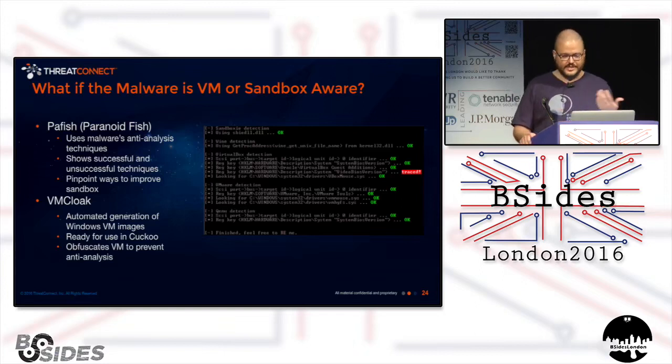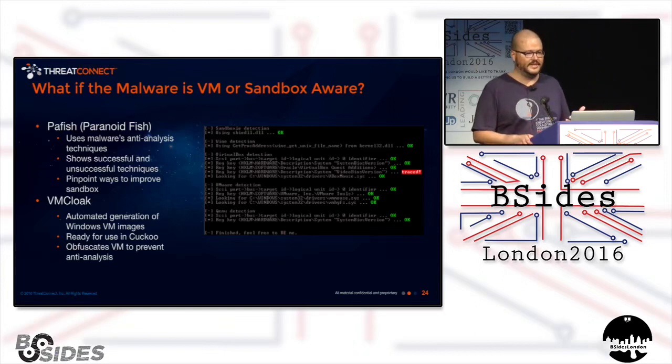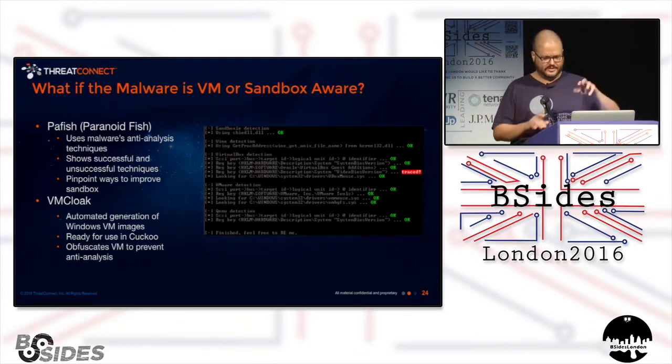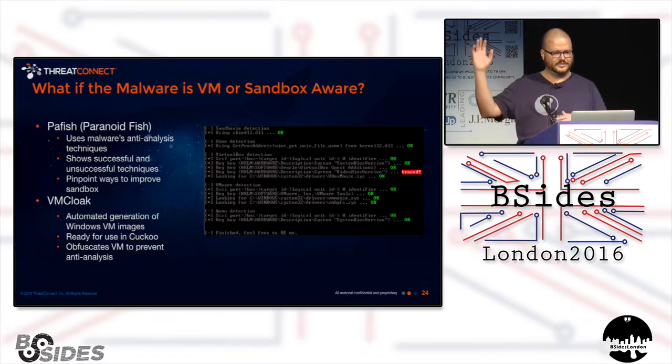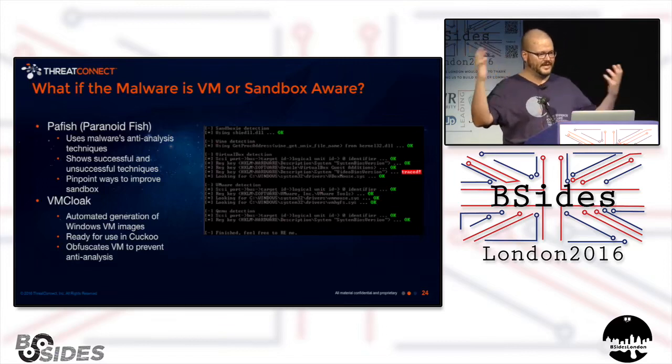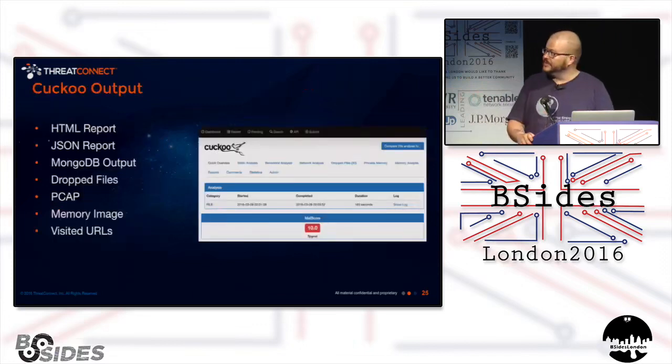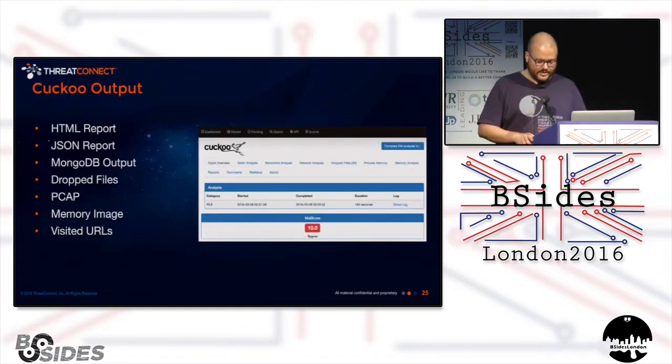So you can not only build your VMs in an automated way, similar to Vagrant. When you're using Vagrant, you just type vagrant up, and then it builds your VM, and then after a while it's done. So this is the same sort of thing. You run the VMCloak command, you go get coffee, and you come back, and you've got a fully operational Windows VM, which is obfuscated.